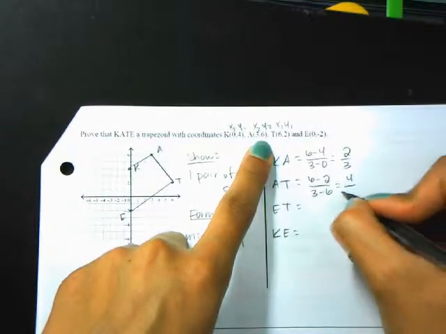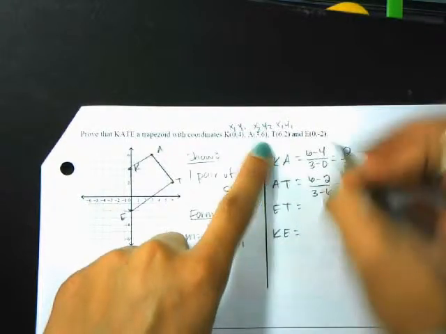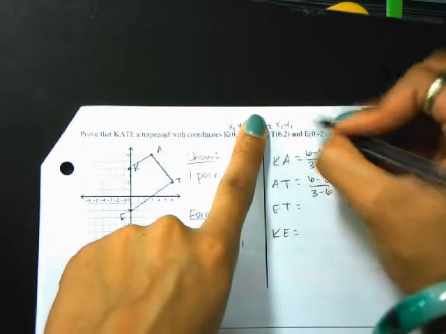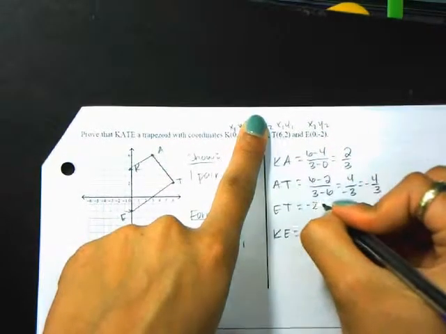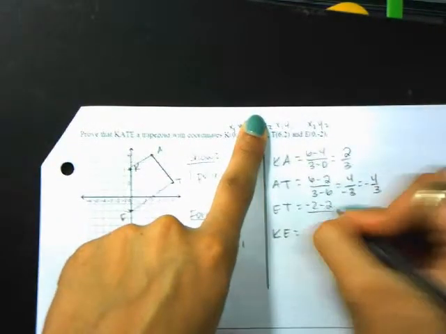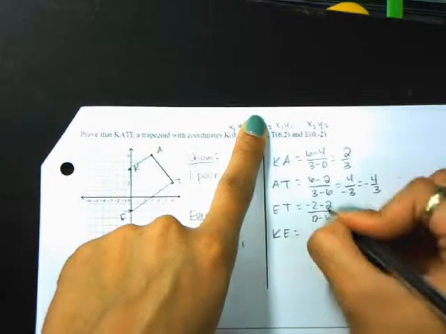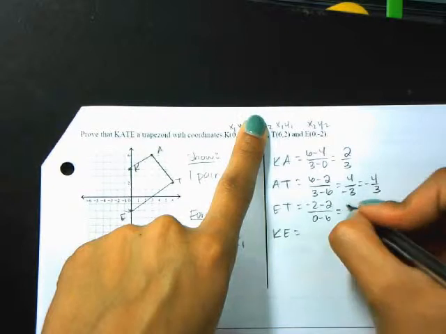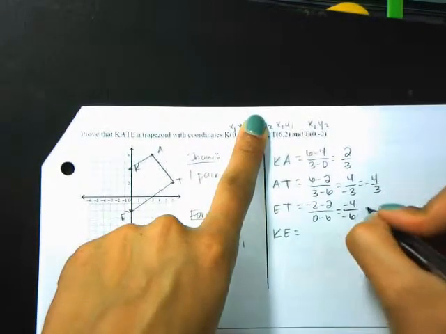So positive 4/6, which is positive 2/3. And then last but not least, we have KE. KE is negative 2 minus 4 over 0 minus 0, and that's the one that's going to be undefined. Okay? So because these two have the same slope, they are parallel, and we have proven that it has one pair of parallel sides.